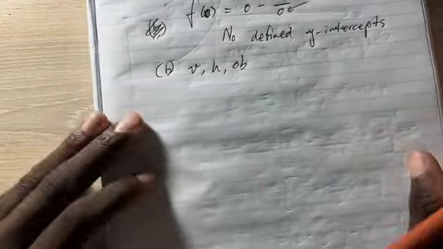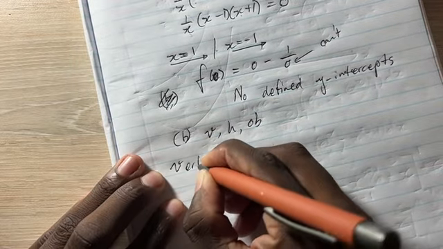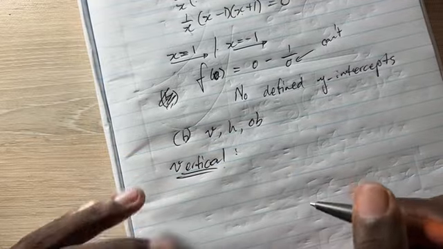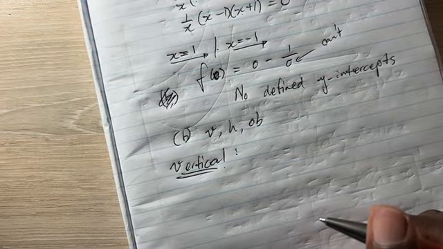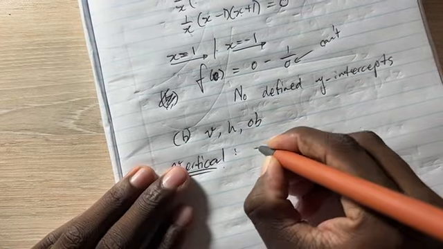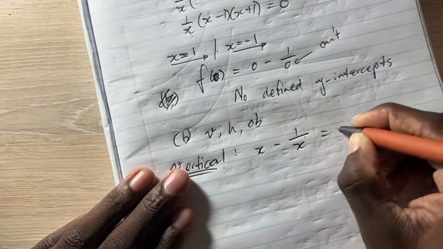Okay, so for vertical asymptotes, what are they again? It's when x is of a certain value and it doesn't exist. So in this case, it's pretty straightforward. x minus 1 over x equals y.